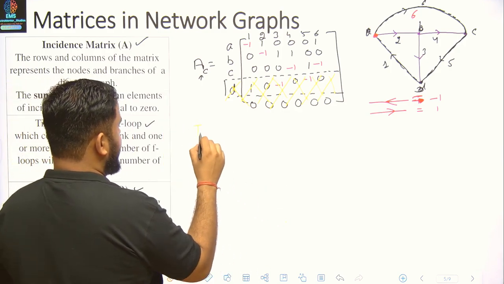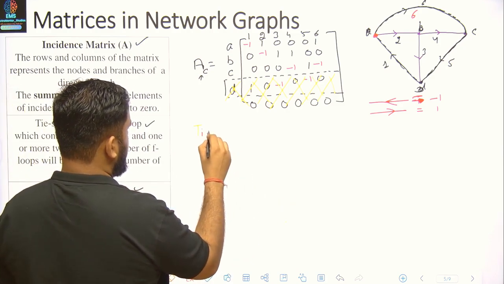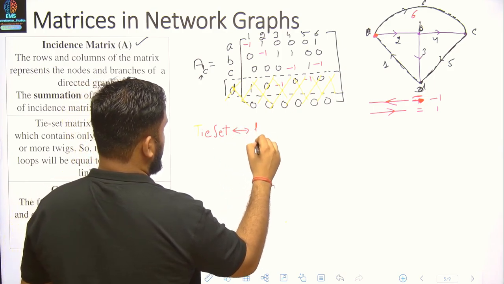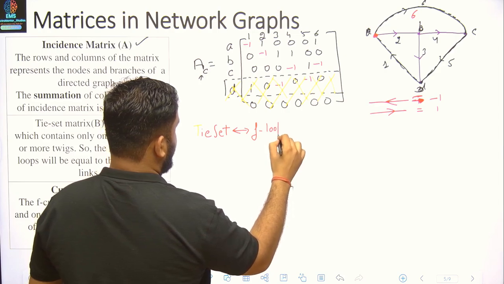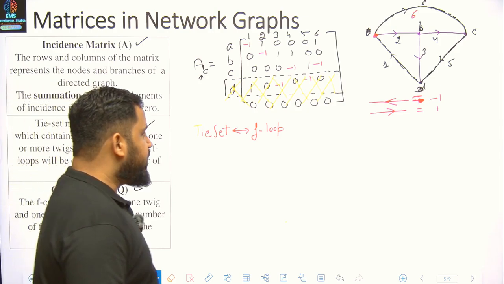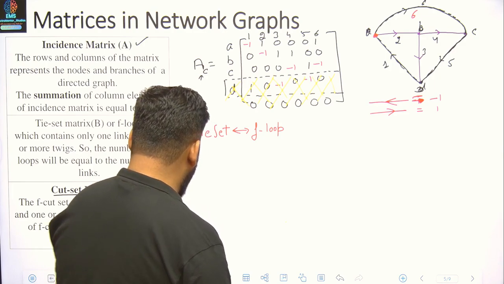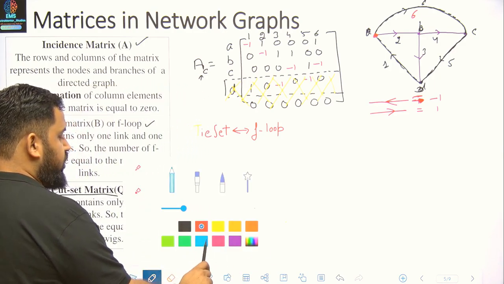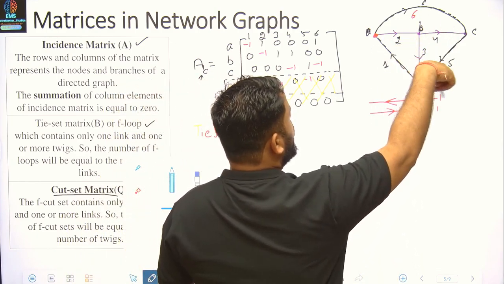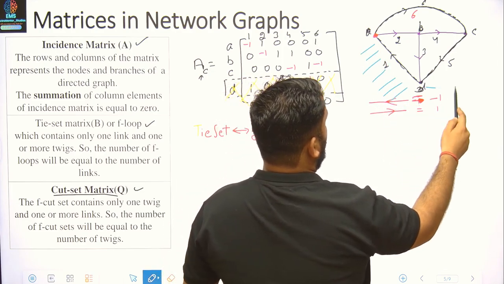Next matrix is my tie set matrix, or we also call it the F loop, fundamental loop matrix. For this, we require a tree. Remember one thing, we can make a tree whichever way you want, but I have a suggestion. Consider this whole graph as an island surrounded by water.